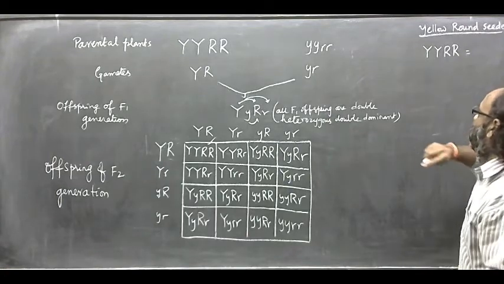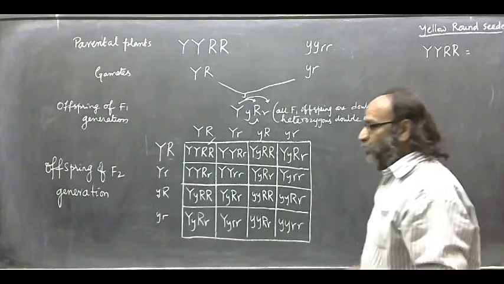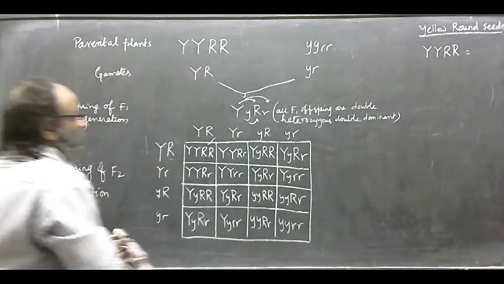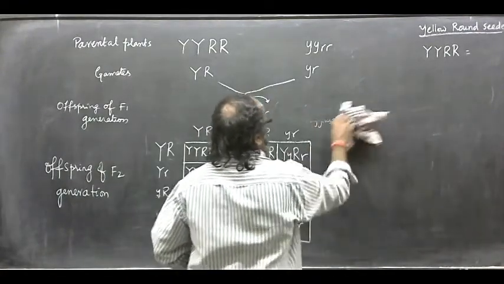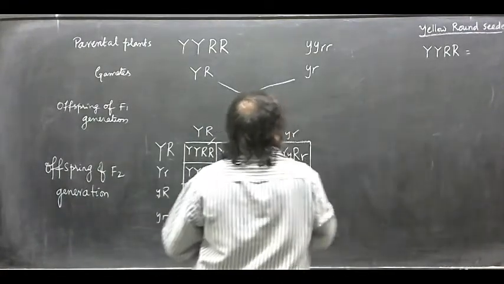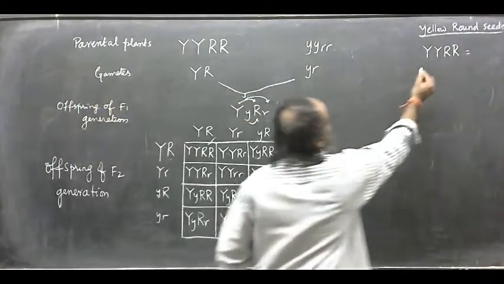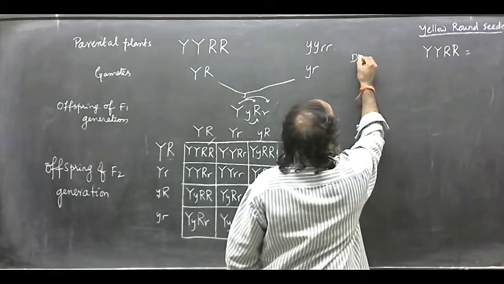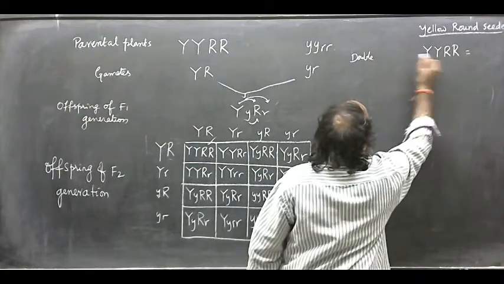How are you going to read this? We read this as double homozygous.